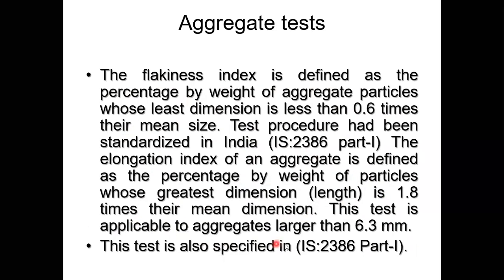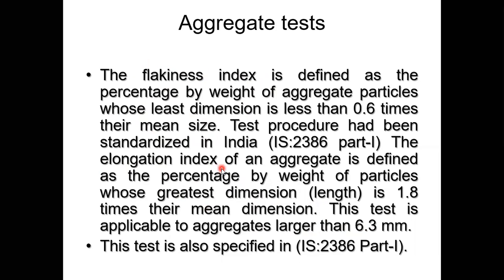This test is applicable to aggregates larger than 6.3 mm. That is, you should not consider aggregates smaller than 6.3 mm; consider only the aggregates above that. So that's why I said for the flakiness index, you consider the least dimension, that is thickness, and the instrument is called the thickness gauge.